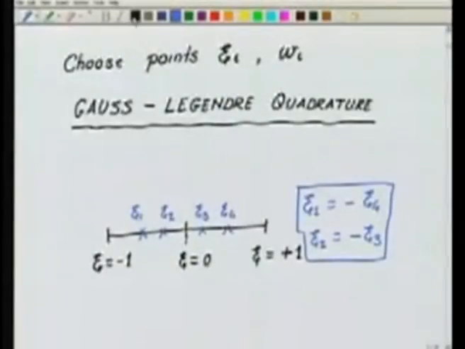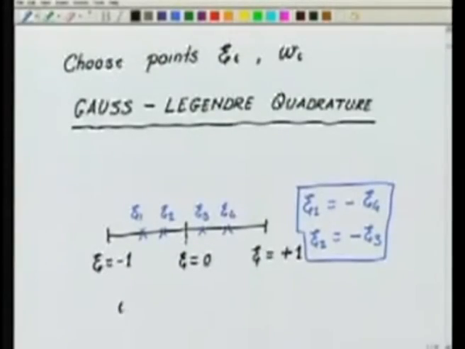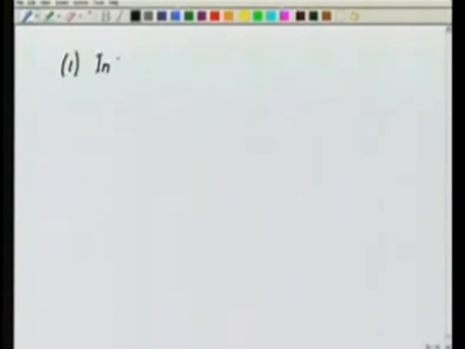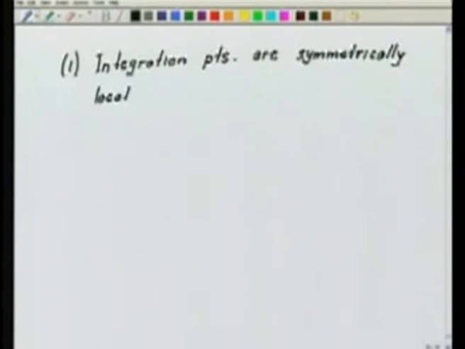Further, for this set of symmetrically located points, we will have the same weights. So W1 will be equal to W4 in the example that we have taken, and W2 will be equal to W3. So we will say that the features of this method are: one, the integration points are symmetrically located on either side of 0.